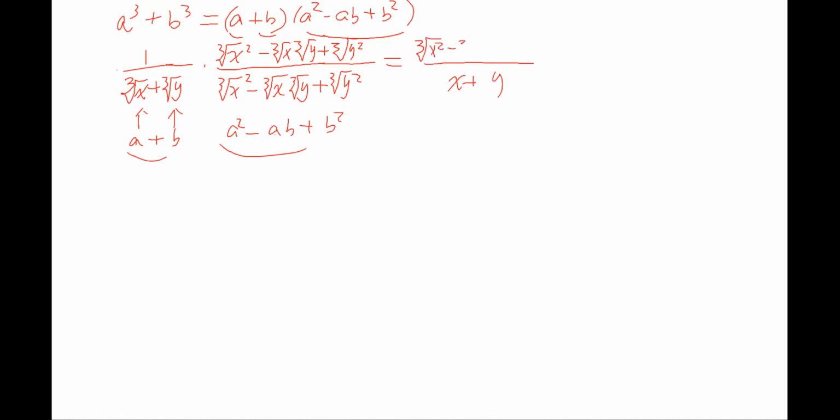Now, let me see who still has trouble on this part. Anyone? Do you still have trouble on this? Yes or no? No. Okay, very good. This is number 54.